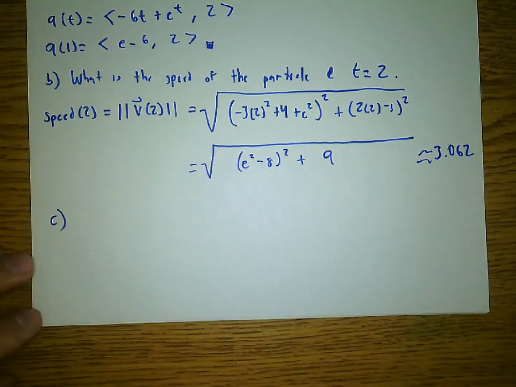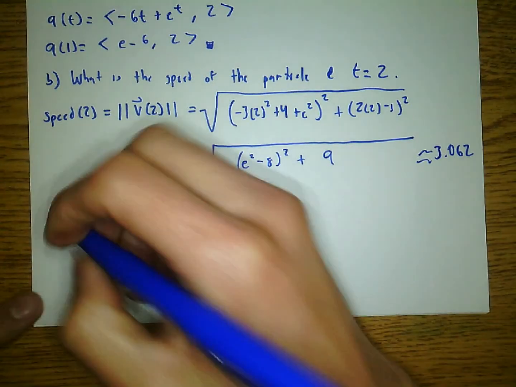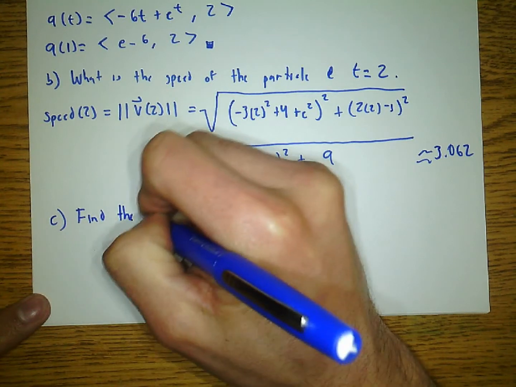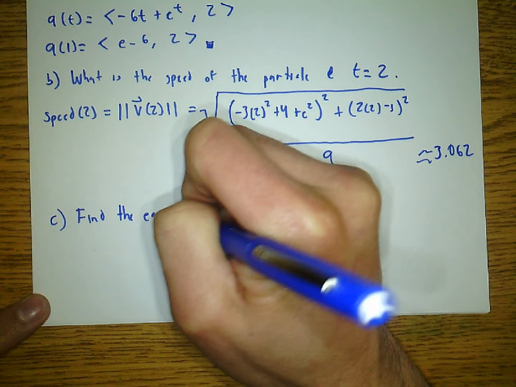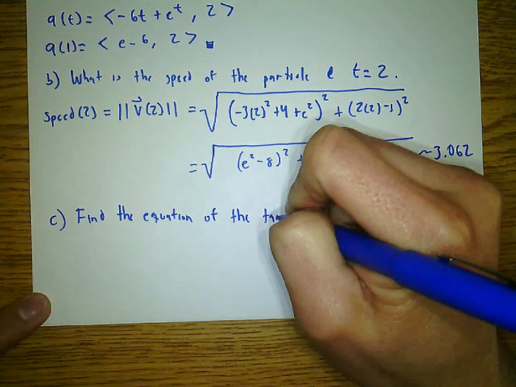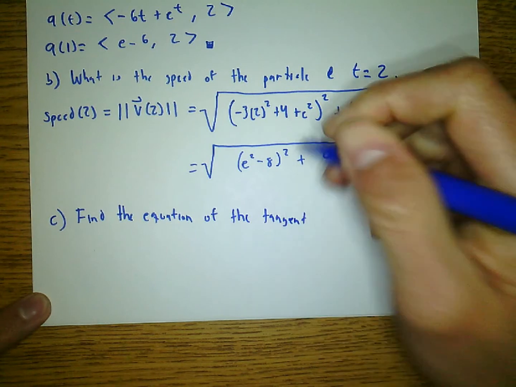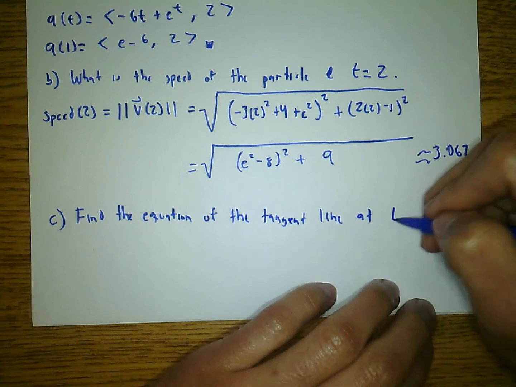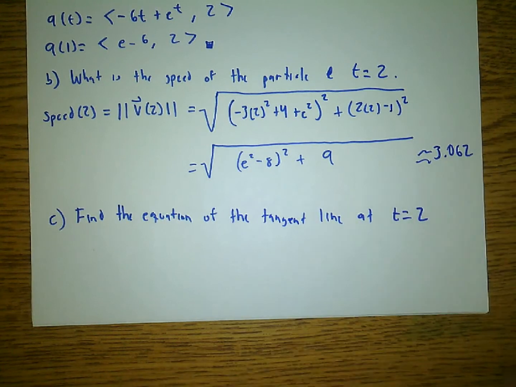Last part of this FRQ says, can you find the equation of the tangent line at t equals 2? Okay.